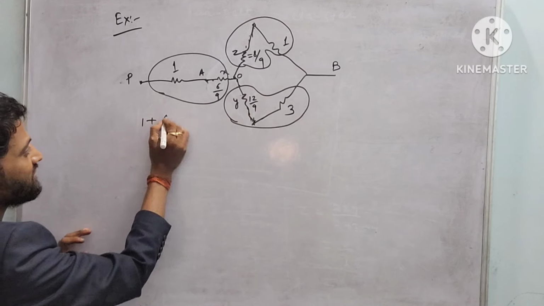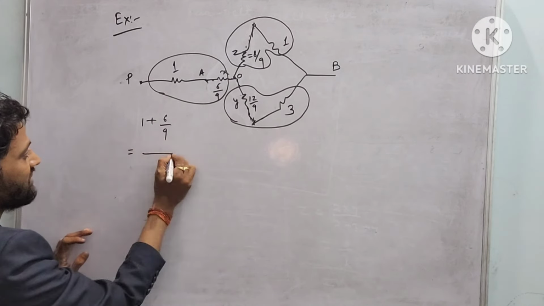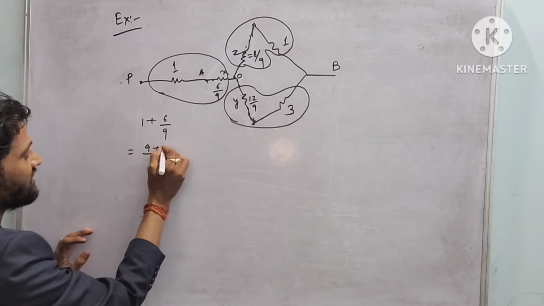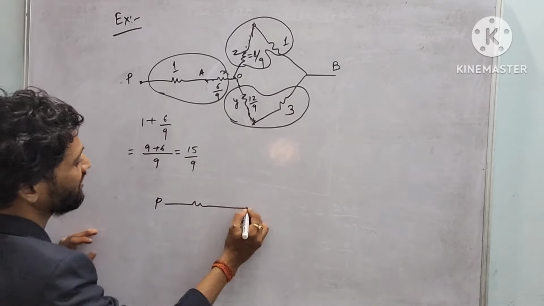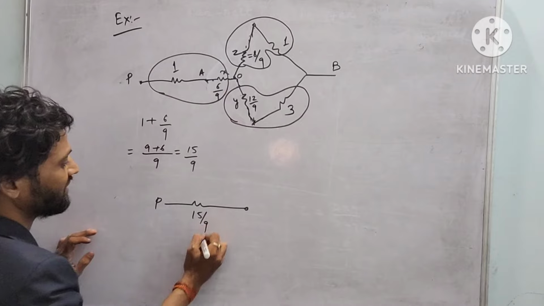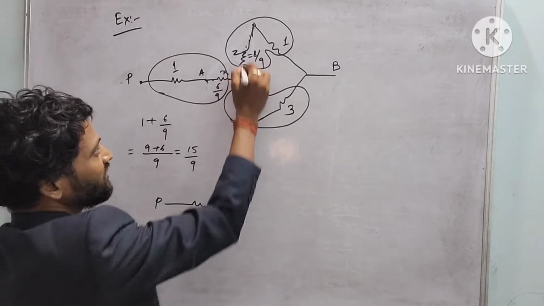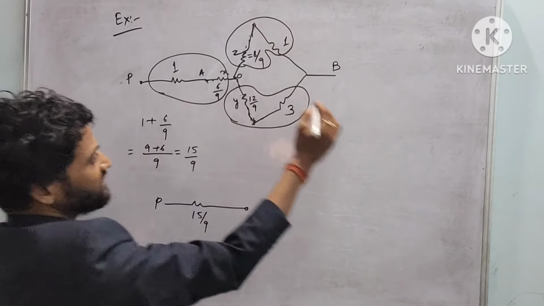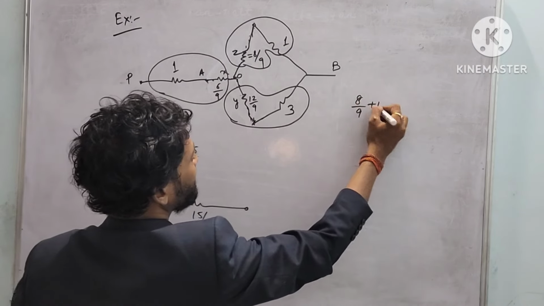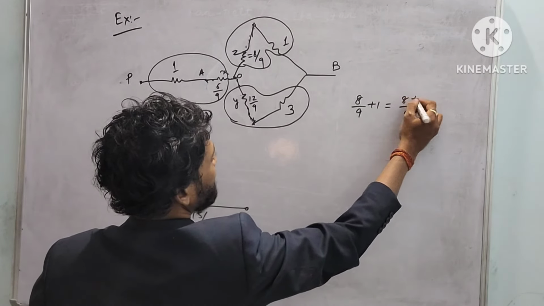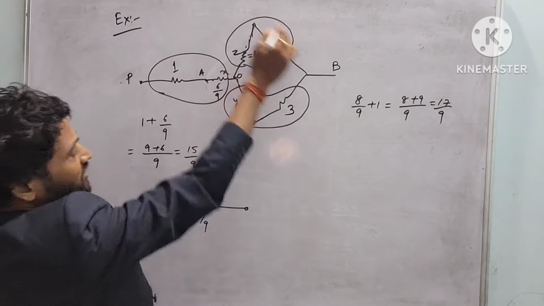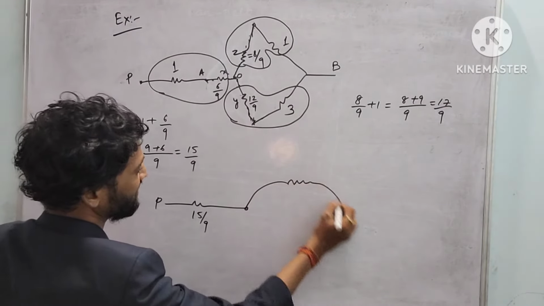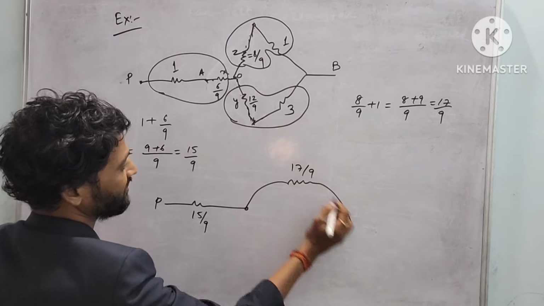So it will be 1 plus 6 by 9, which is 9 plus 6, so 15 upon 9. So from P to O I am getting 15 upon 9 as resistance. Then from O to B, the resistance is 8 upon 9 plus 1, so it will be 17 upon 9.